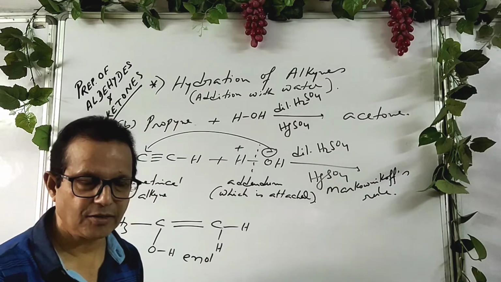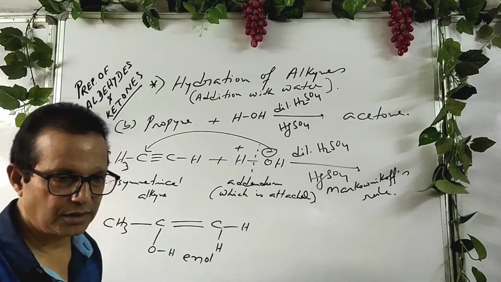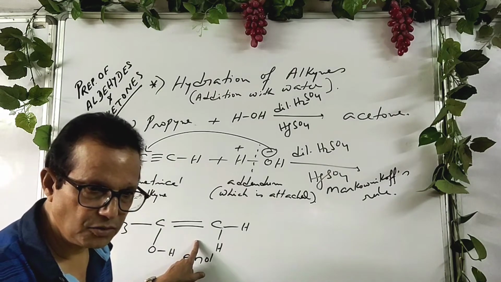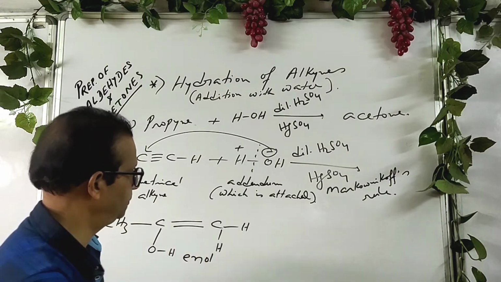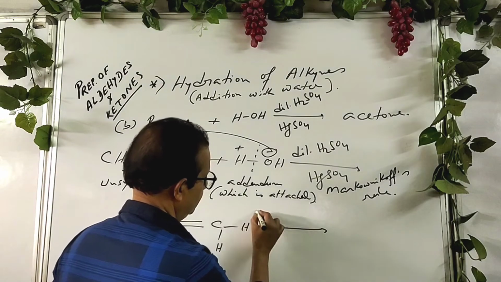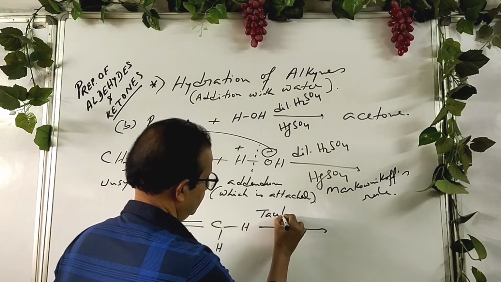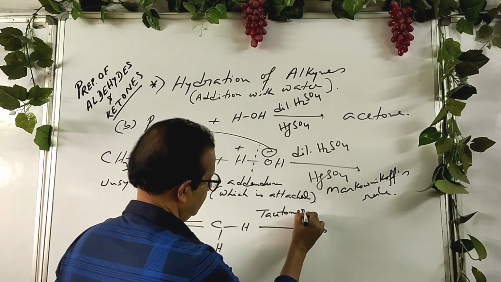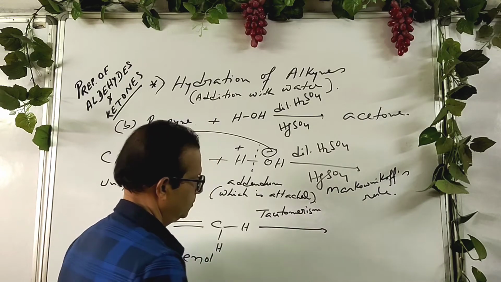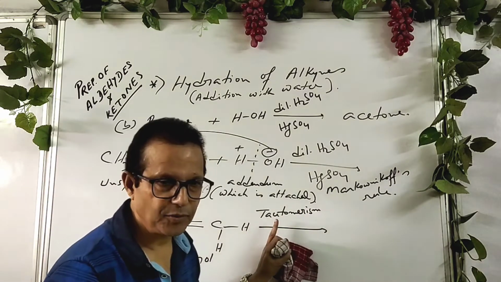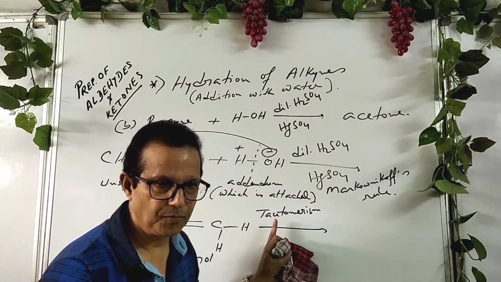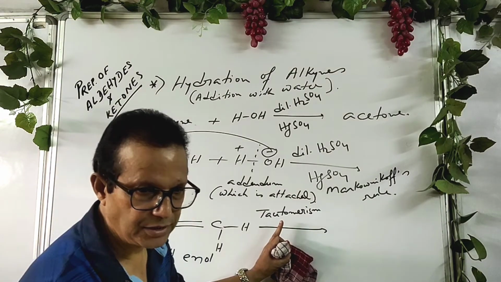It's an intermediate compound, not the final product. It readily undergoes tautomerism. This type of tautomerism is an example of keto-enol tautomerism.